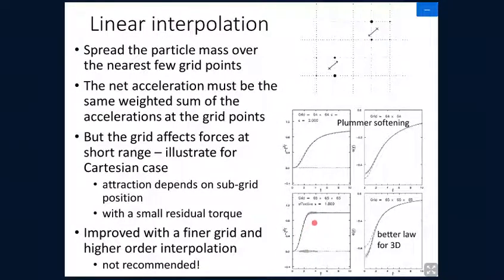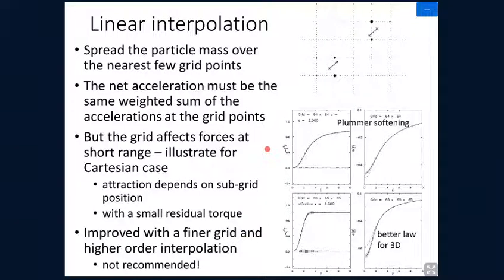Now, you can improve the quality of the forces in these figures if you want by using, first of all, a finer grid, which will mean that the errors will be confined to a smaller part of the total amount of the simulation, or you can play around with instead of using linear interpolation, as I've indicated in this figure, you can try using quadratic or even higher order interpolation schemes, which spread the particle masses over more points and interpolate over a weighted sum over more points.